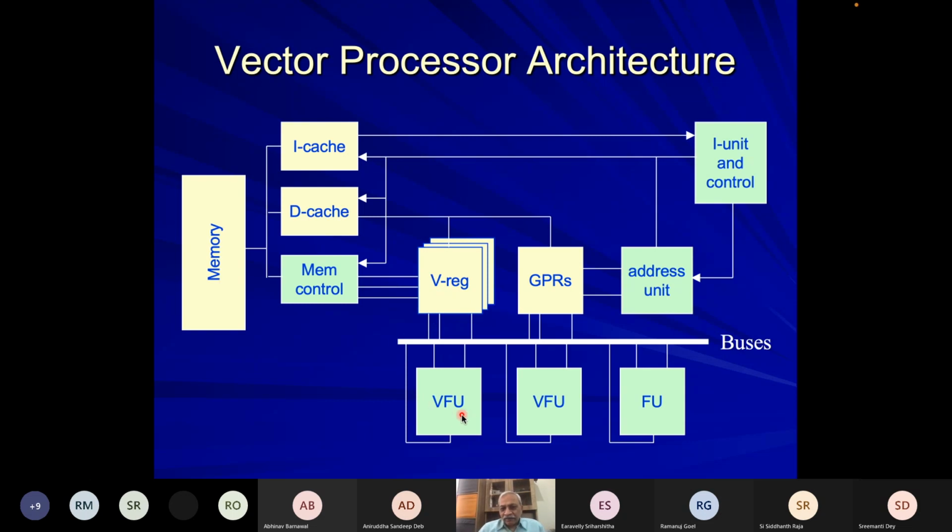So they are highly pipelined. If you had, for example, a vector addition followed by multiplication of each sum element by a scalar, this function unit could be doing element by element addition in a pipelined manner, and the results are being passed on to this function unit, which could be doing a scalar multiplication.